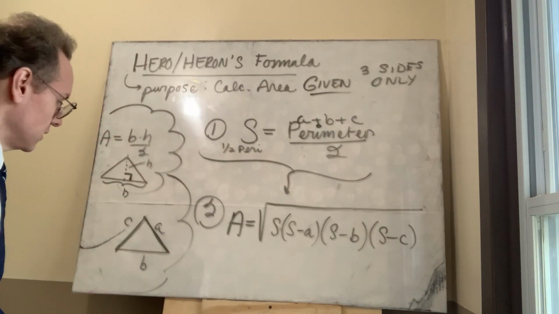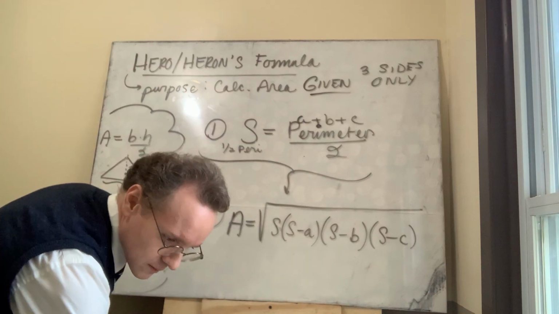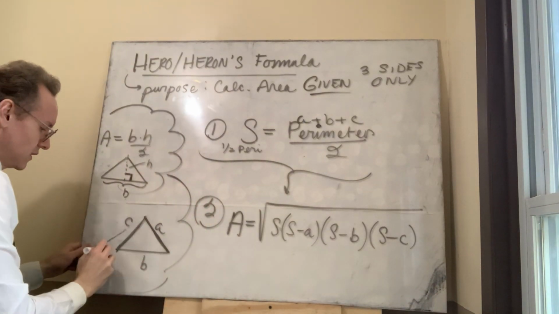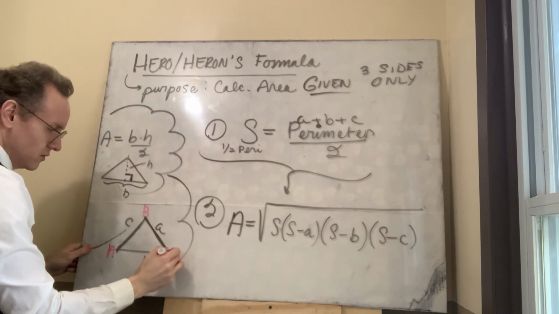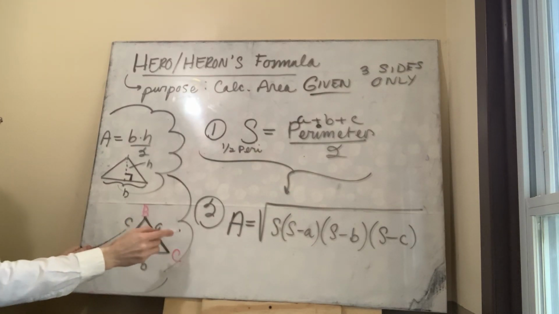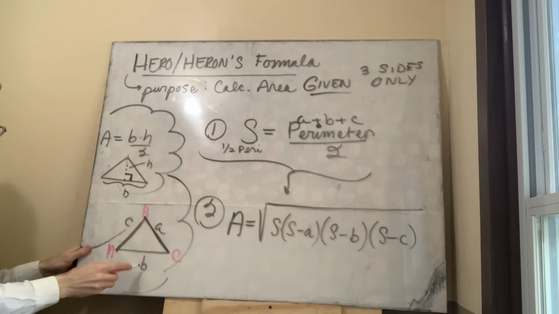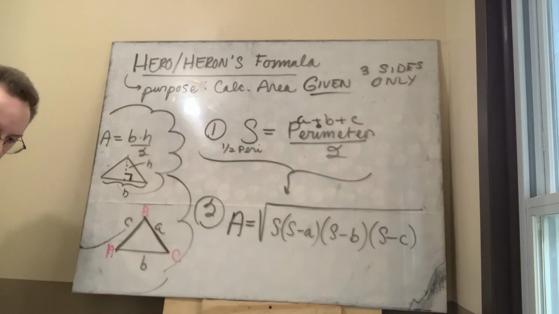Let's say hypothetically, you have a situation like this. You don't know what the A is, the B, or the C. They would be here, here, and here respectively, if that's what the side dimensions are labeled.